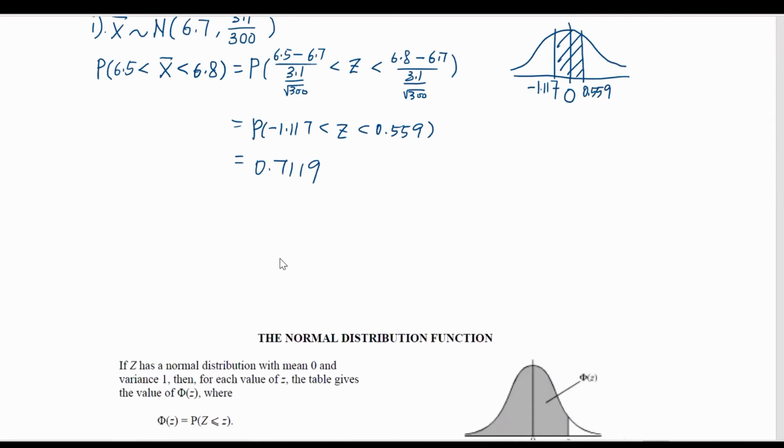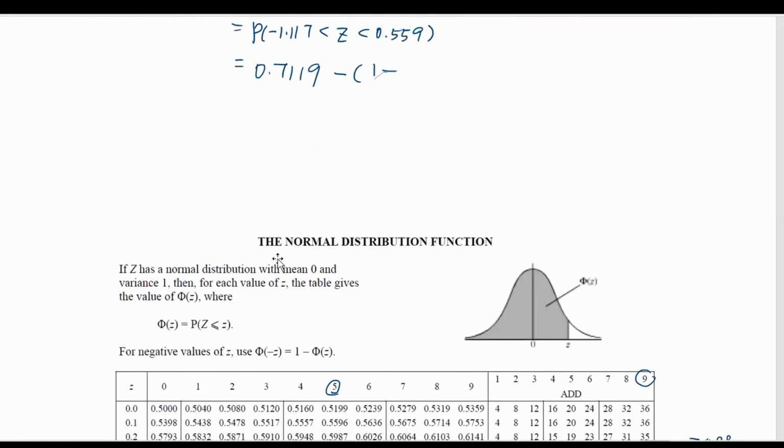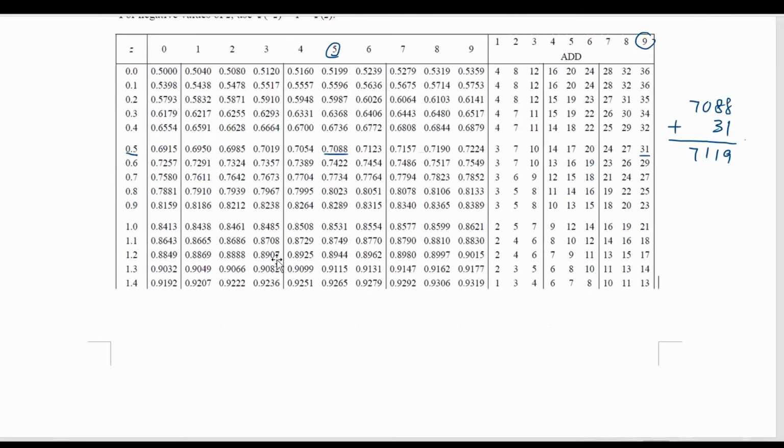All right, that means the probability we found is 0.7119. Then we have to subtract the area given by the negative 1.117 over here. And since this is a smaller area, which is not given by the table directly, we have to take 1 minus. All right, so we're looking at the z-score when it is 1.117.